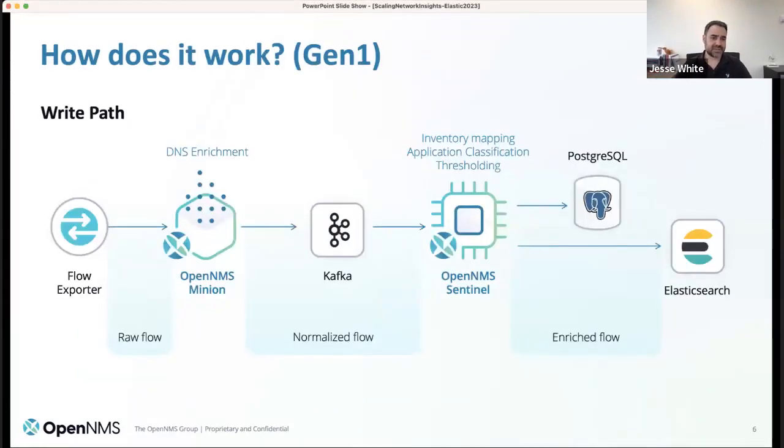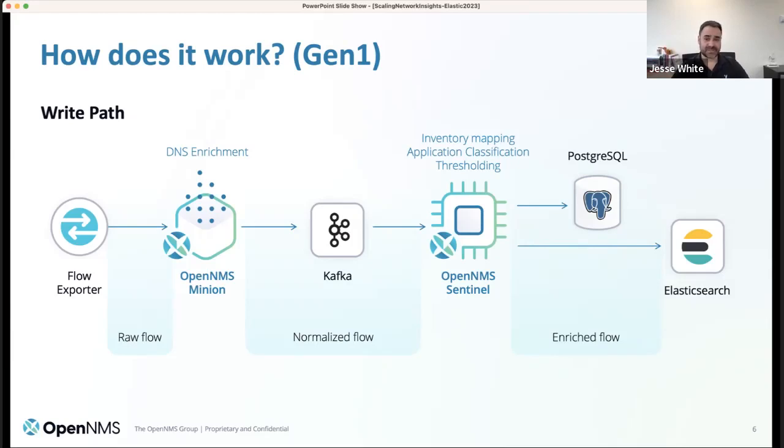So how does the solution actually work, and what did we build? This will be looking at the first generation of the solution. On the left-hand side, we do have those flow exporters, again, the NetFlow enabled devices. They end up sending the raw flows to a component that we call Minion. That's basically our agent or collector. It ends up receiving those flows and then does some level of DNS enrichment as well. So it'll do reverse lookups on the IP addresses to figure out the appropriate host names.